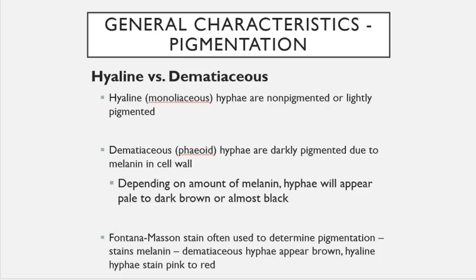Depending on the amount of melanin present, it could appear anywhere from pale to dark brown to almost black. In mycology, we often use Fontana-Masson stain to determine pigmentation because it stains melanin. Dematiaceous hyphae appears brown, and hyaline hyphae stains pink to red.